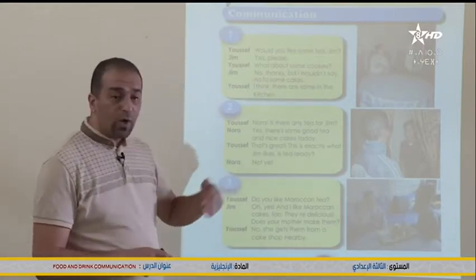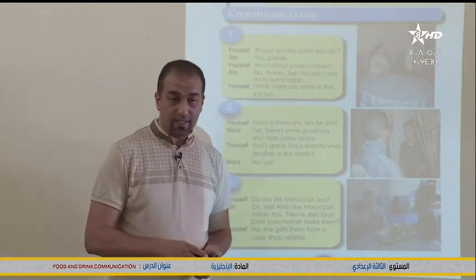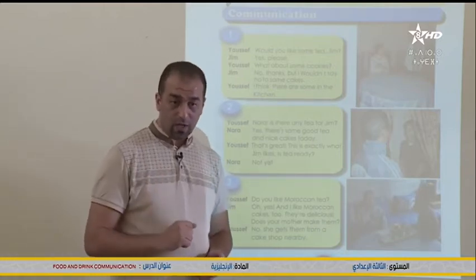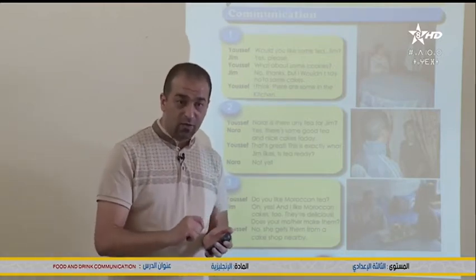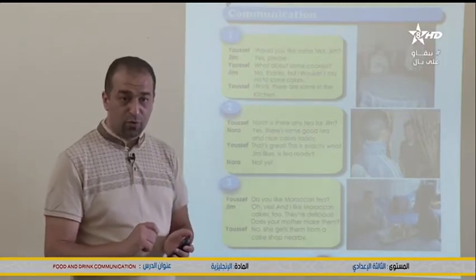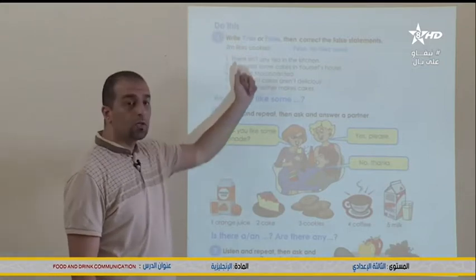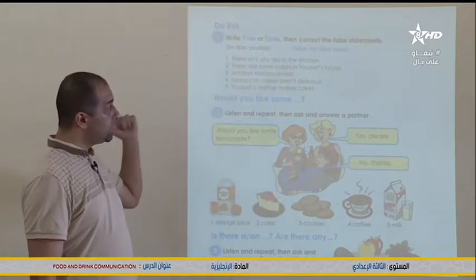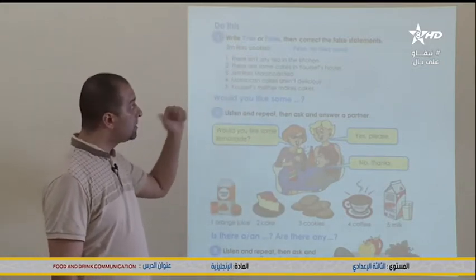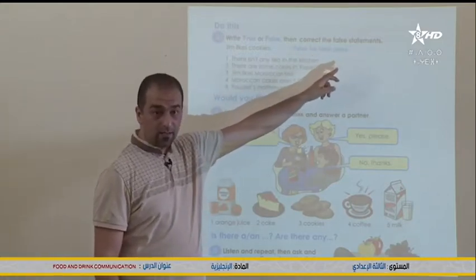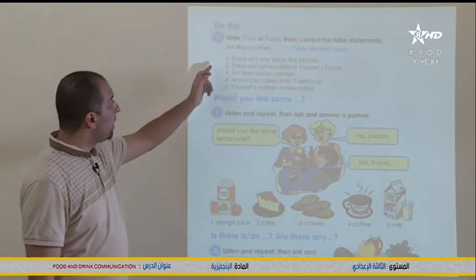So now we are going to move to exercise number 1 about true or false. Take your copybook and let's answer them. I'm going to explain it for you. The example which is given to you is "Jim likes cookies." In the dialogues, it's false. He likes cakes. Now, number 1.